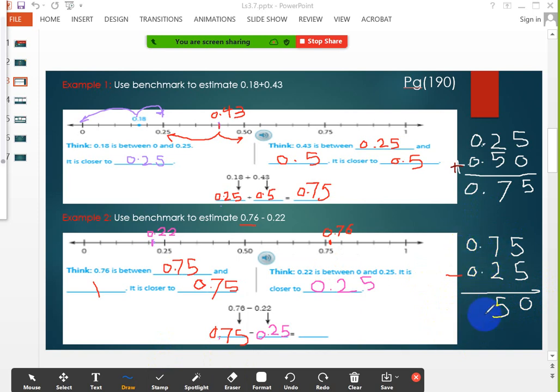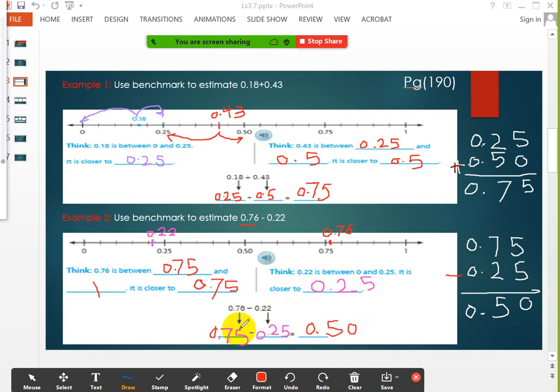I will put it under the decimal point in the same location. Now 0 minus 0 equals 0. So the answer will be what? 0.50 hundredths, or I can say 0.5.